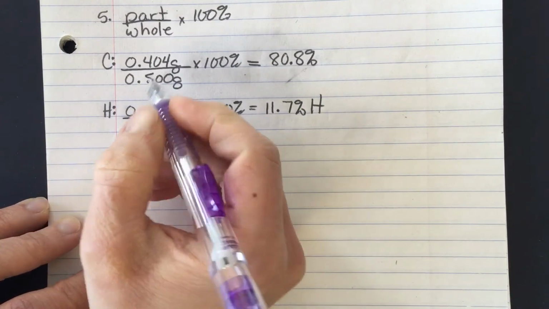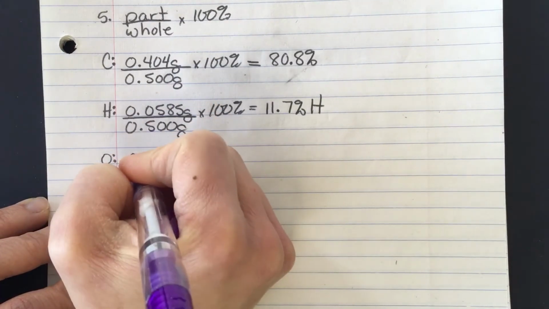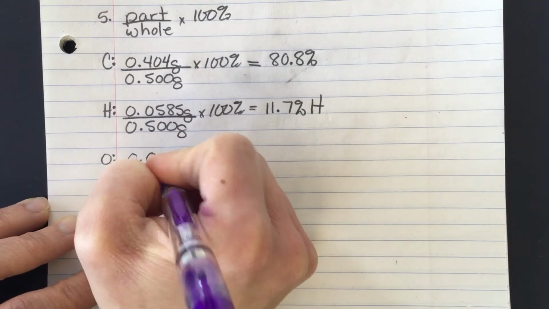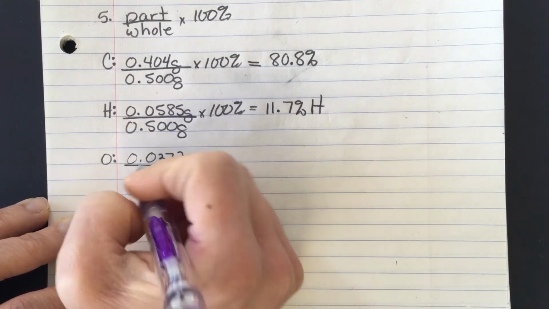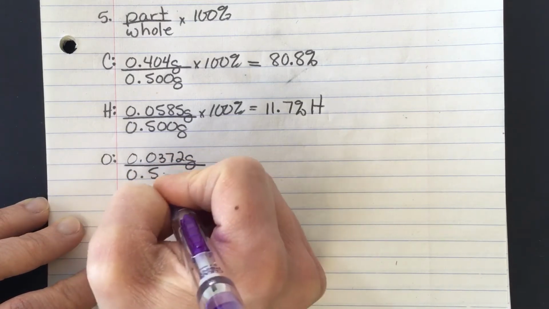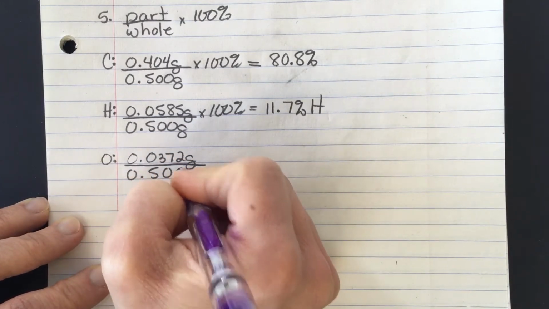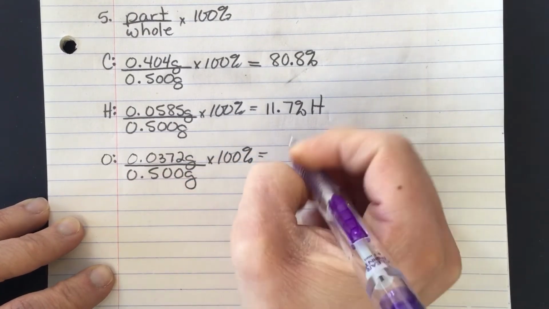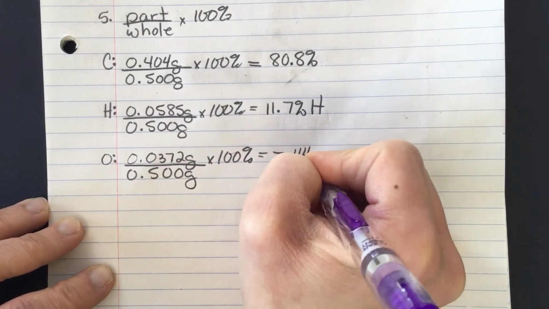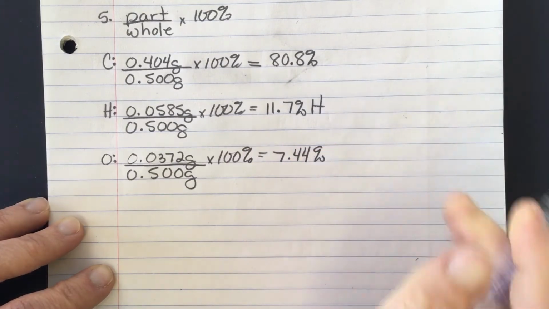For the oxygen, 0.0372 grams of oxygen over the whole thing, which is 0.500 grams times 100, and I have 7.44% oxygen.